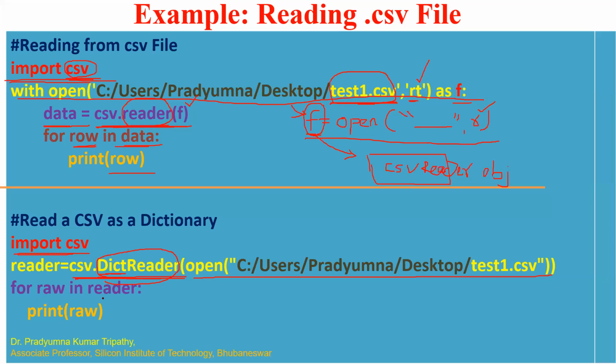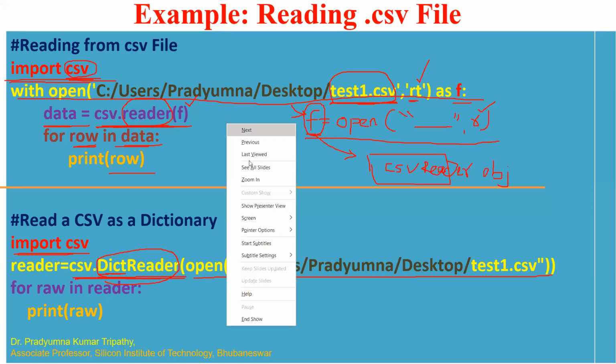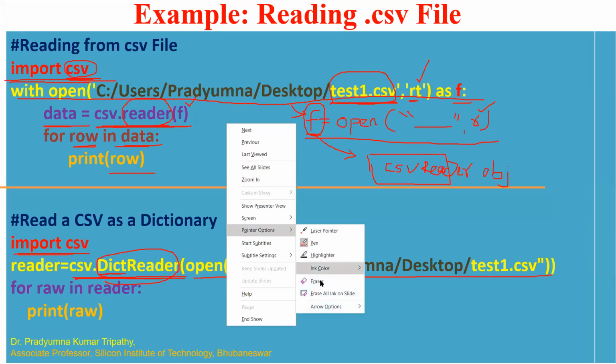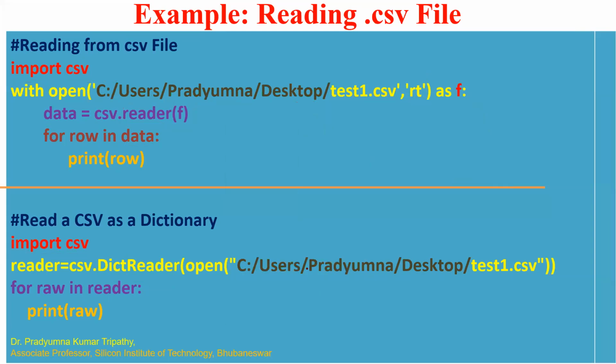Now, if you write for row in reader, then print row, what will it print? It will print in the form of a dictionary. The same data it will print in the form of a dictionary. Correct?